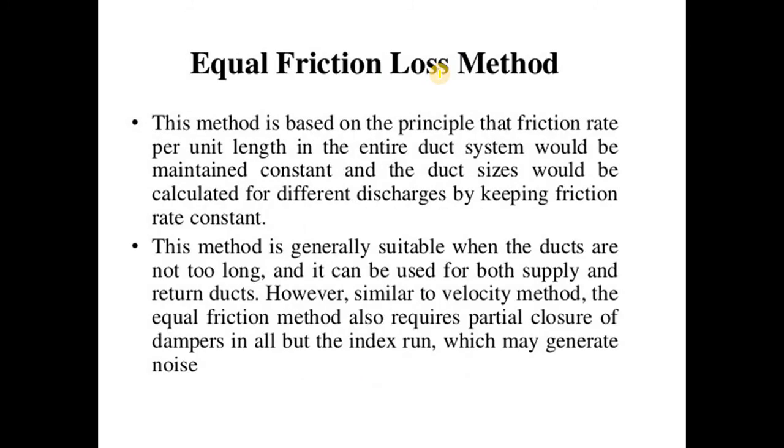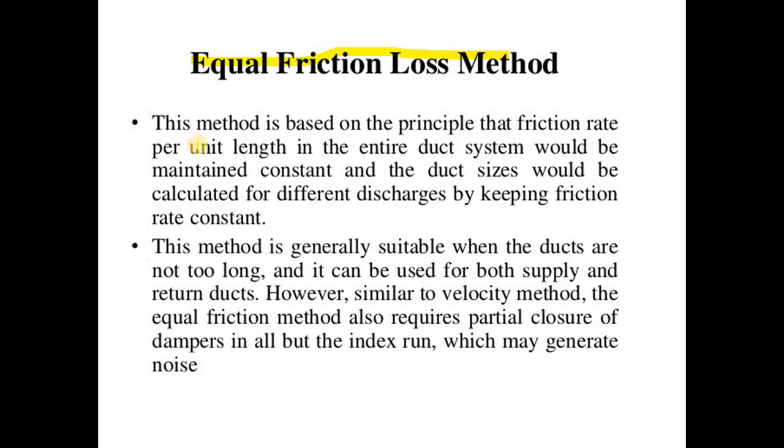Now the second one, and the most famous and trusted method of duct design, is the equal friction method. This method is based on the principle that the friction rate per unit length in the entire duct system is maintained constant, and the duct size is calculated for different discharge by keeping the friction rate constant.